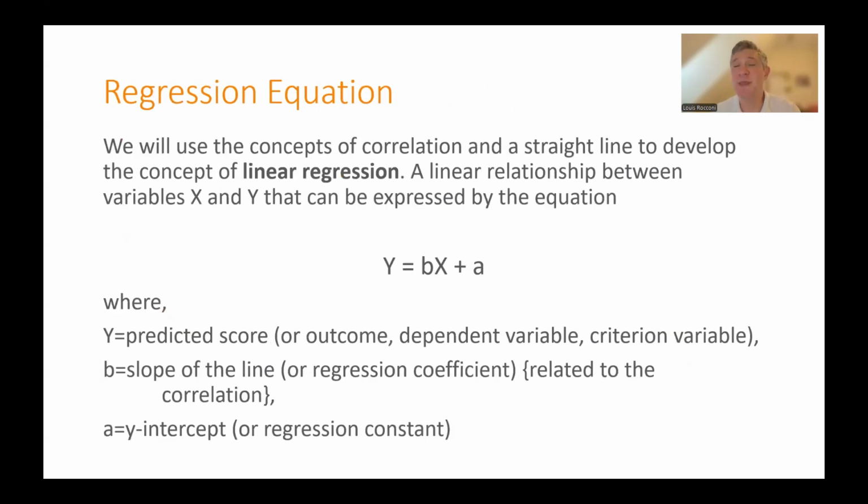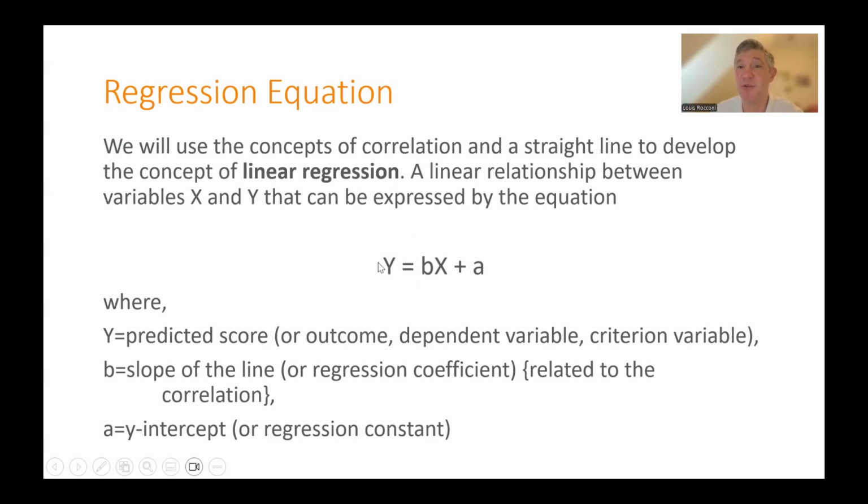The equation for linear regression is, you probably remember this from like fifth grade math, y equals bx plus a, or maybe y equals mx plus b, where the linear relationship between x and y can just be expressed by some constant value plus some change value, some slope. You might remember this as the rise over run coefficient.